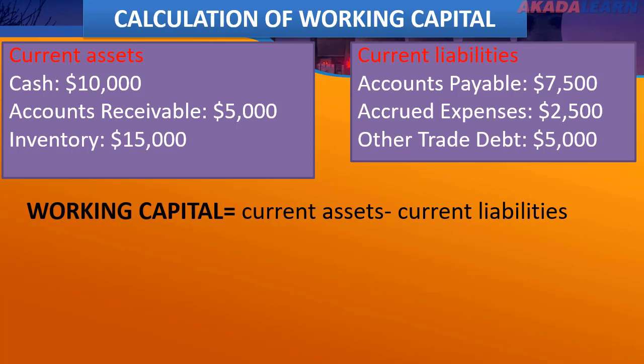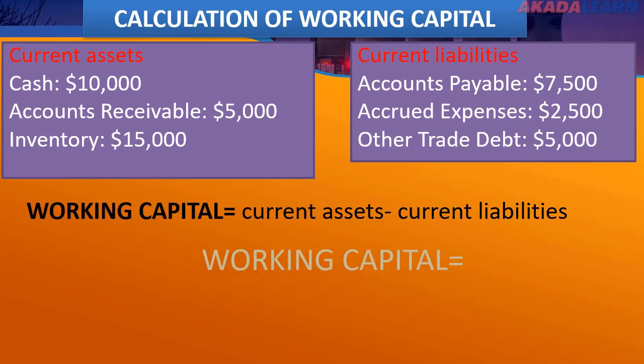This makes it $30,000 current assets. While liability is accounts payable $7,500, accrued expenses $2,500, other trade debts $5,000. This makes it $15,000.